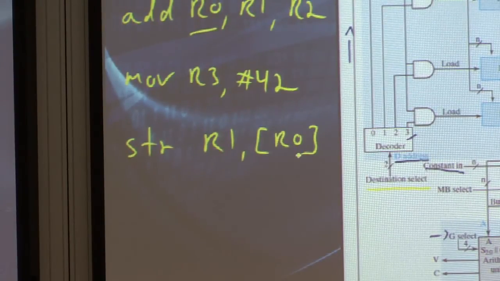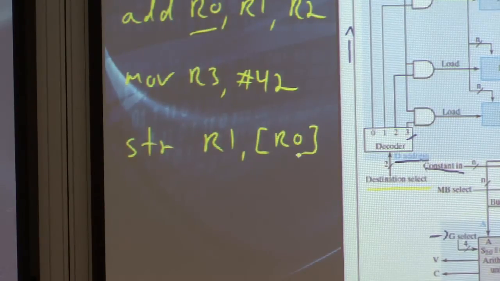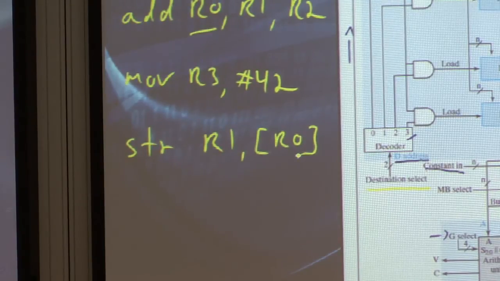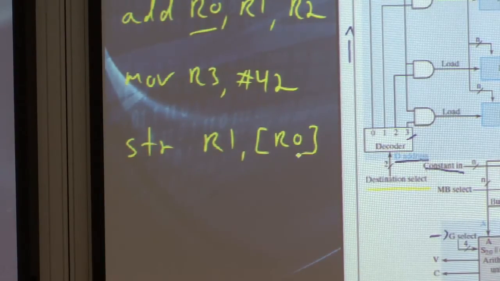STR, a store instruction. It will take the value stored in R1 and will store it in the external memory at the address given in R0. Now this is where some people get a bit confused. In R0, we will have some value already stored in a register, and this value will correspond to an external memory address.